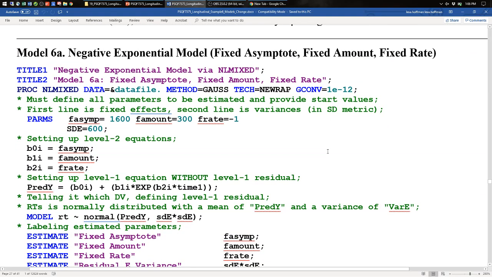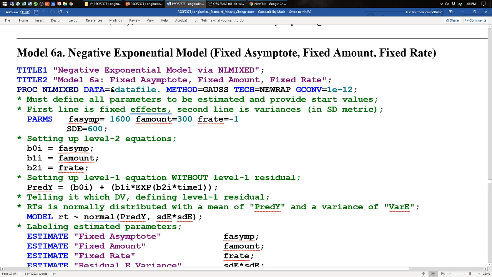So that's how I put my start values here. Educated guesses from my data. Rate, I know it's negative because I know the pattern of the means. So -1 seems reasonable. The one I just made up, but I know negative.